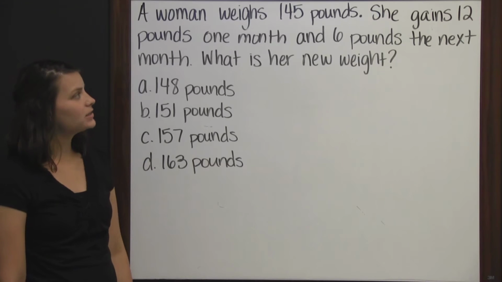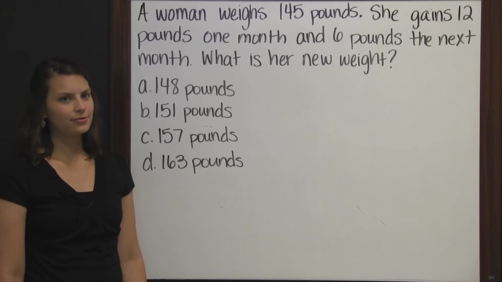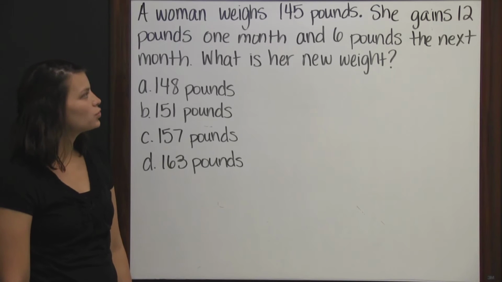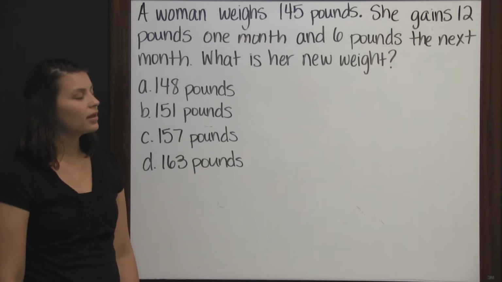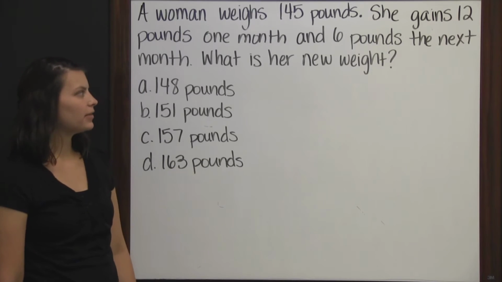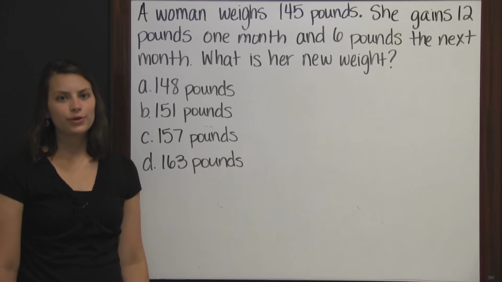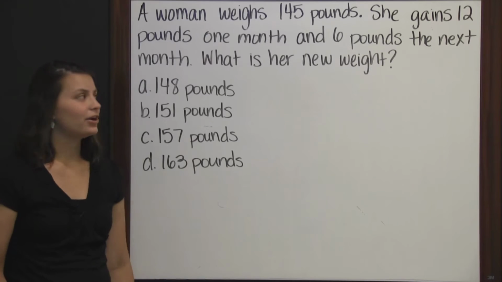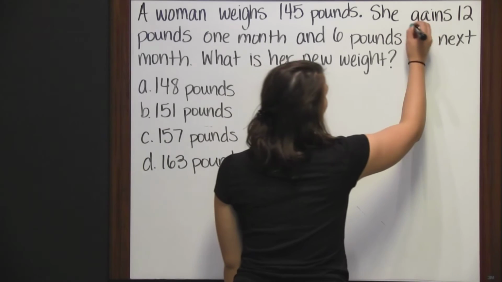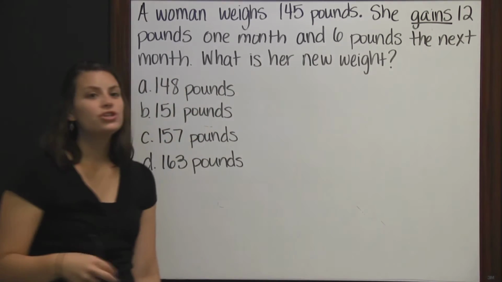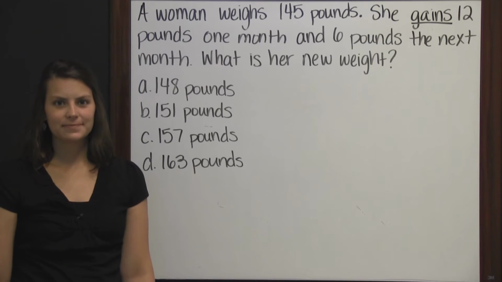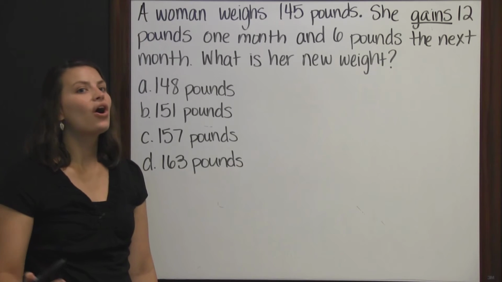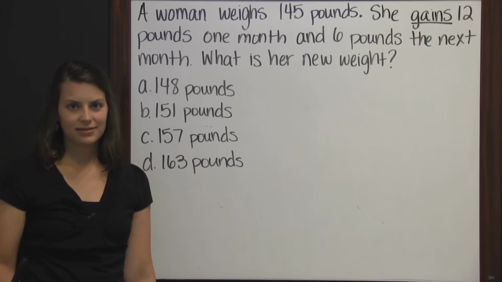A woman weighs 145 pounds. She gains 12 pounds 1 month and 6 pounds the next month. What is her new weight? Well, the key word here, or words, is gains. She gains weight, or she's adding on weight.